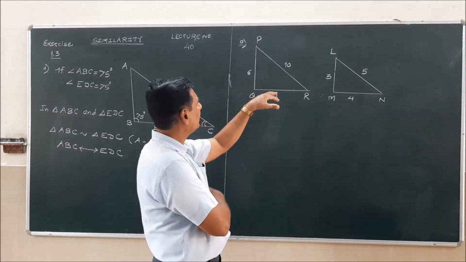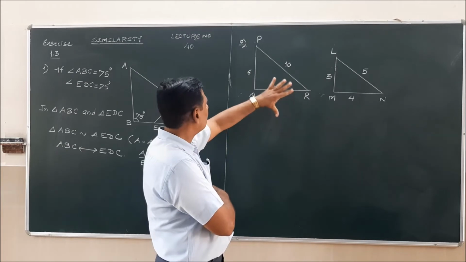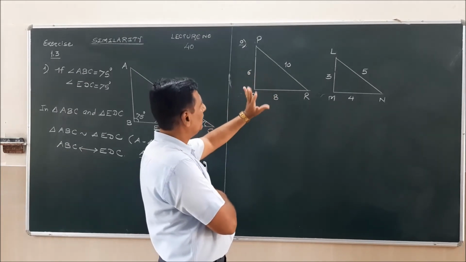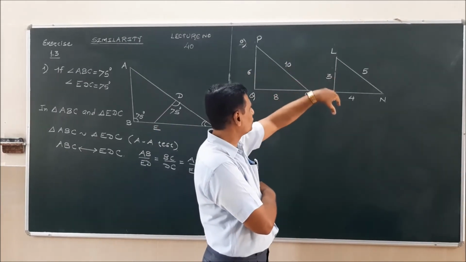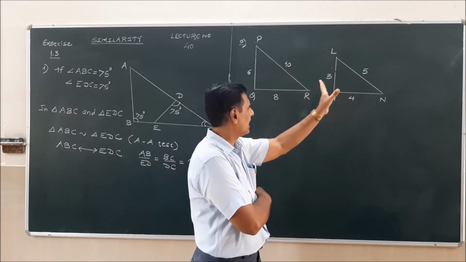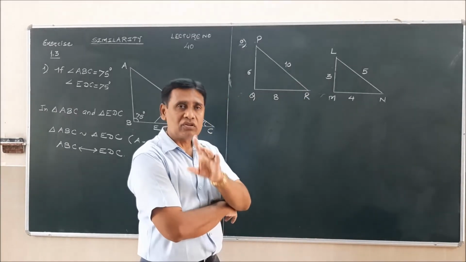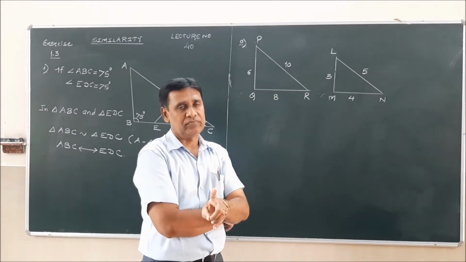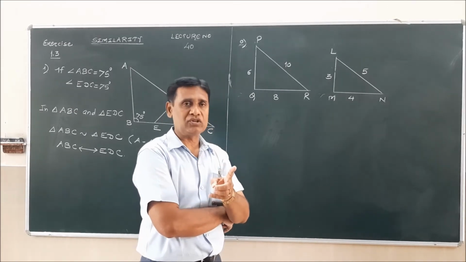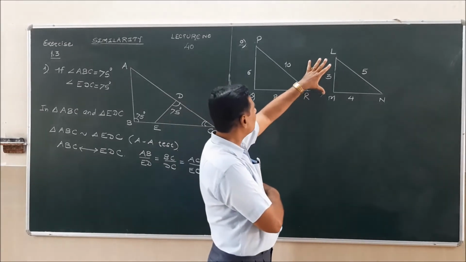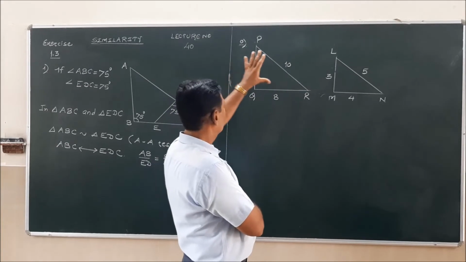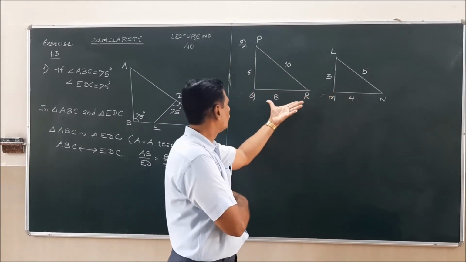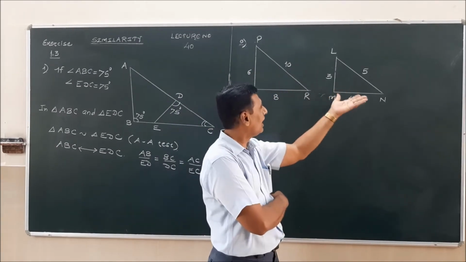So logically you can think that all the sides of triangle PQR are exactly twice those of triangle LMN. So there exists the same ratio in the sides LM, PQ, MN, QR and PR and LN.